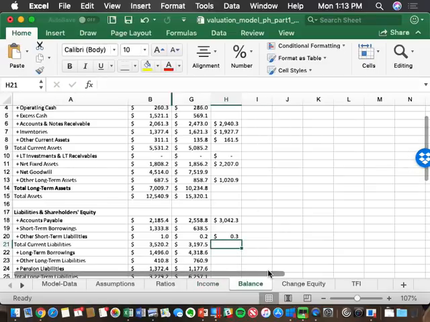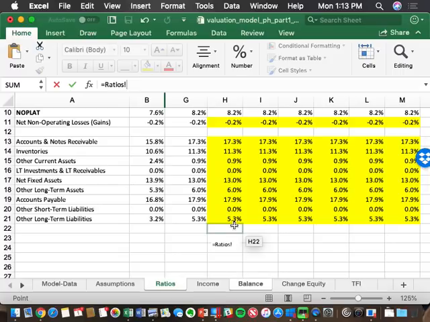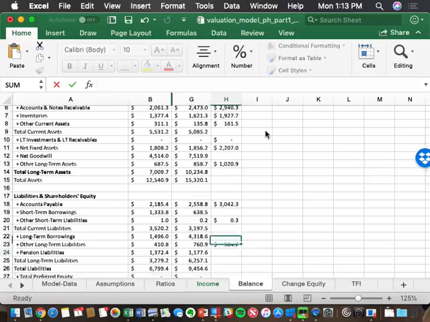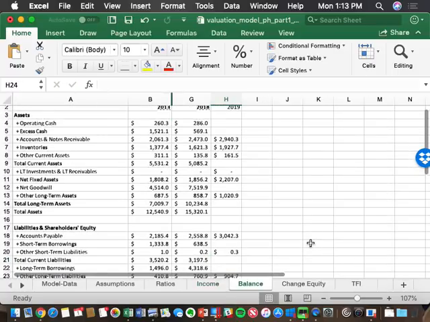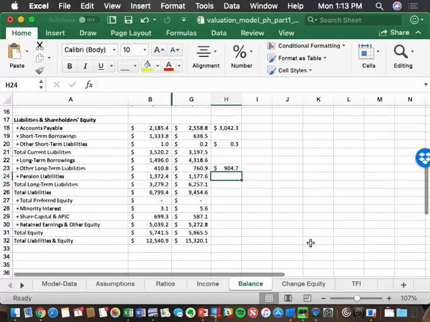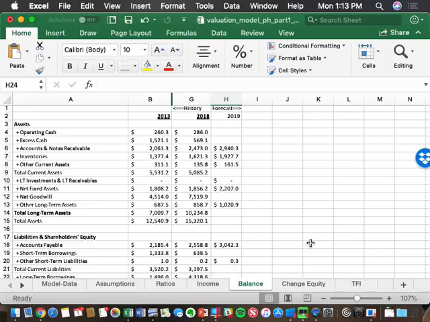And finally, we have our other long-term liabilities equals ratios, H21 times income, H3. So very quickly, we have put in the 9 items as a percentage of sales that will forecast these balance sheet lines, all driven off of 2019 percentage of sales.